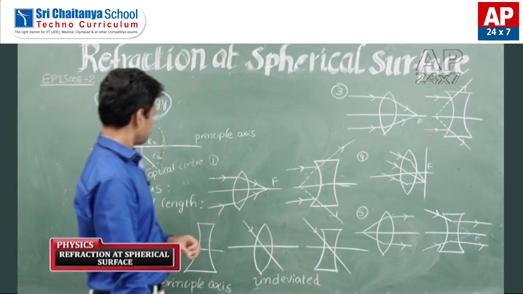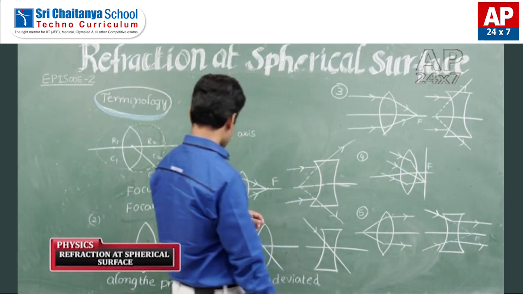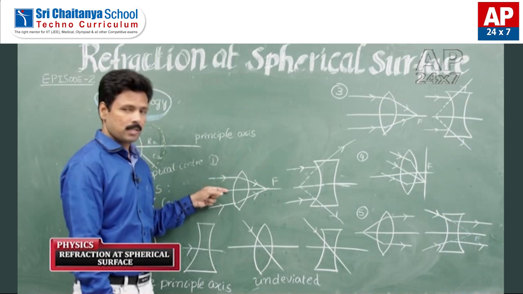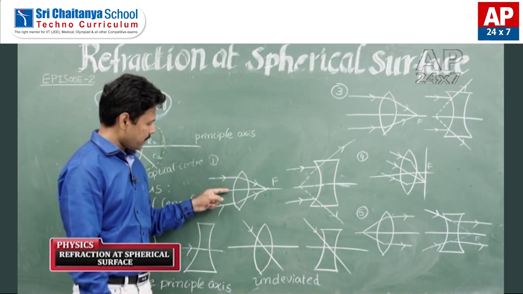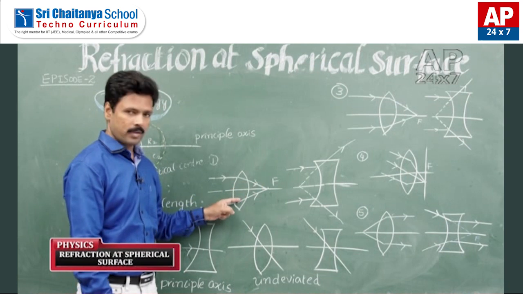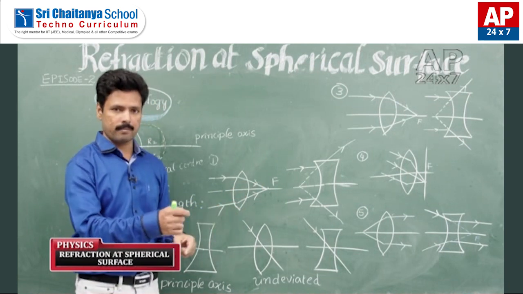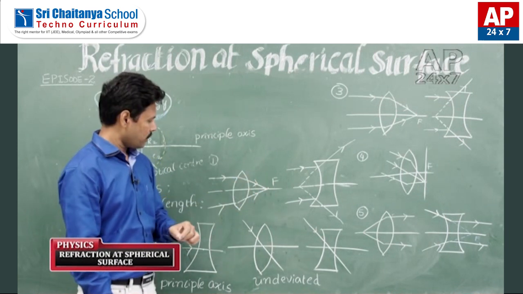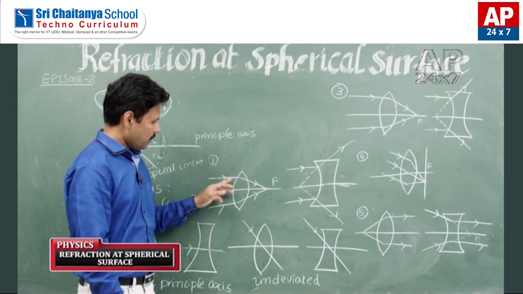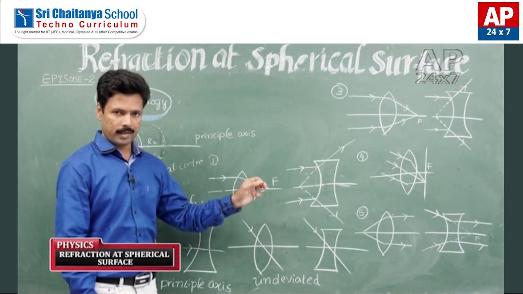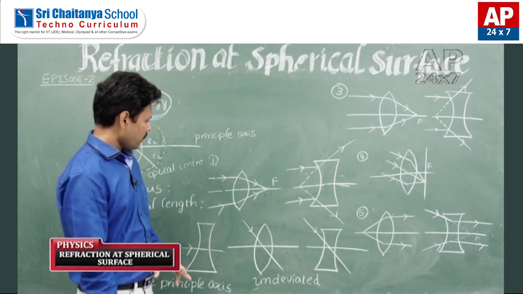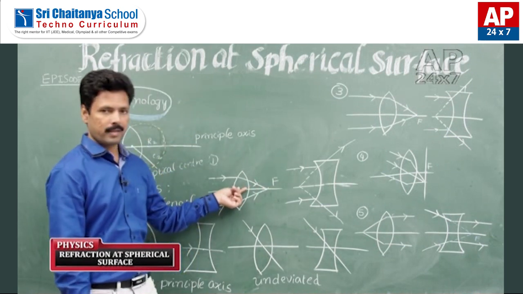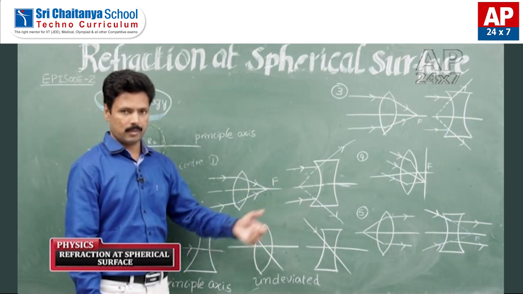Now see carefully. When rays are parallel to the principal axis, then after refraction they will converge at one point, and this point is called the focus. So after refraction, rays converge at one point, and that is called the focus. Now the distance of that focus from the optical center is called the focal length.